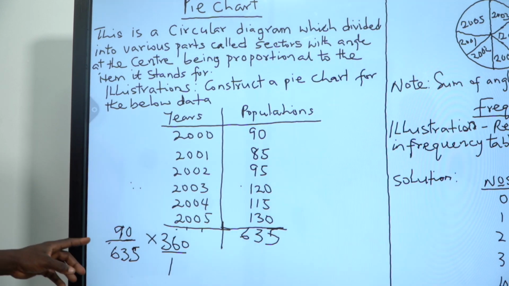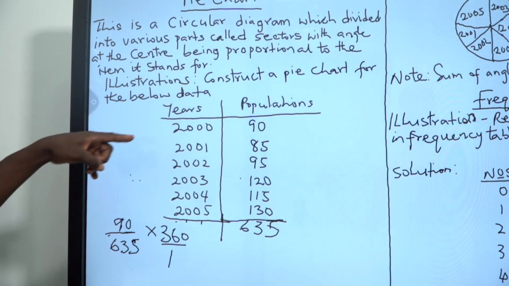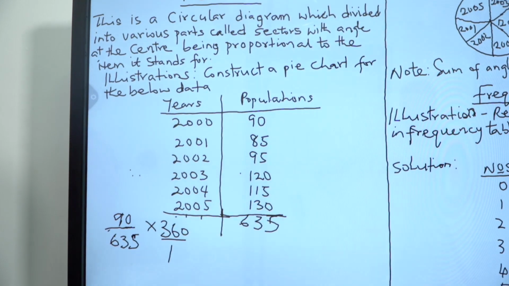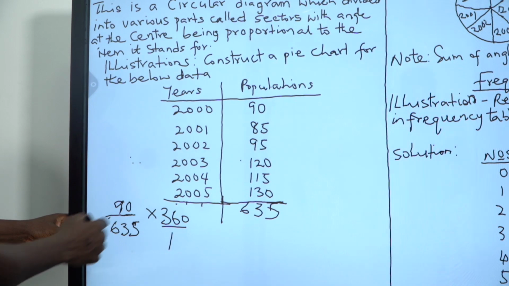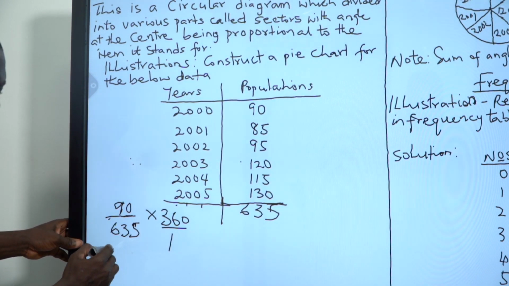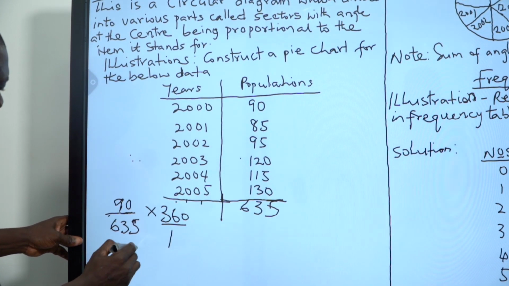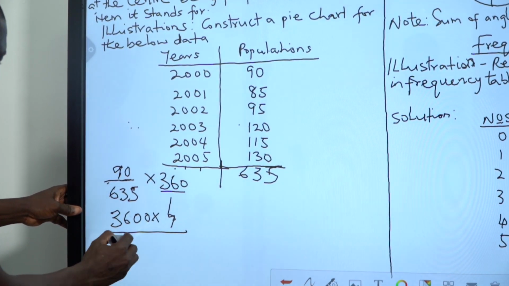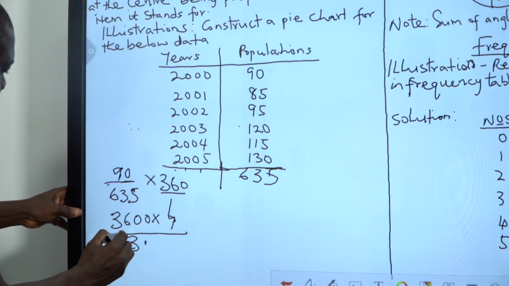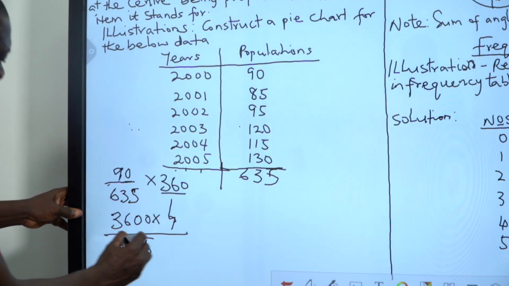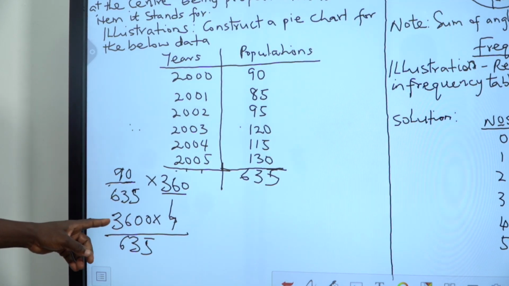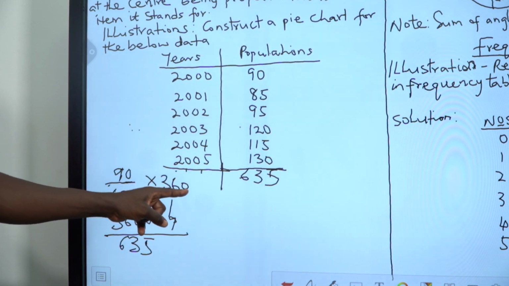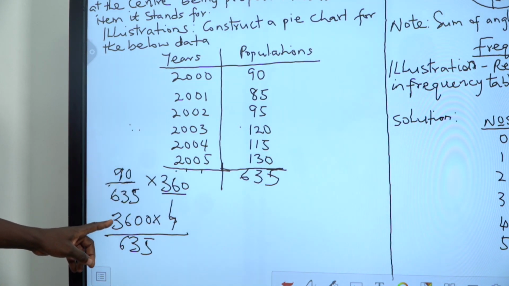So what we want to find now is the sectorial angle for the year 2000. So if we now divide or multiply out, what I did here is that because I have 0 here and I have 0 here, I just carry this 0 to add to 306 to get 3,600.